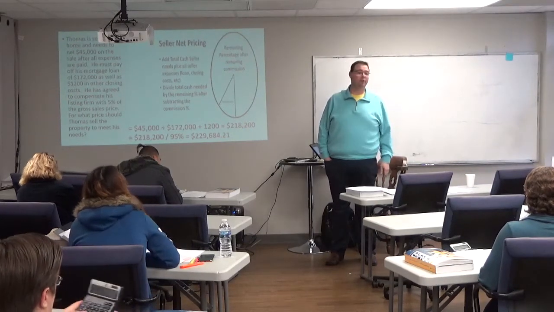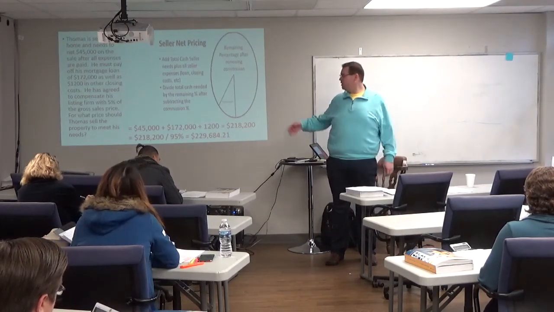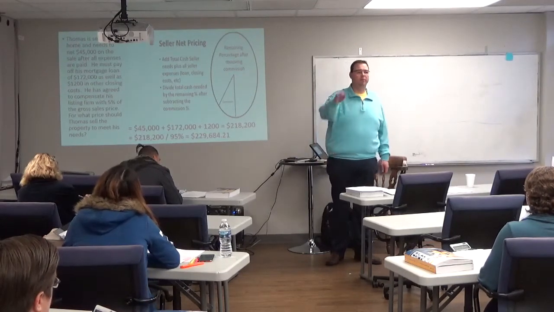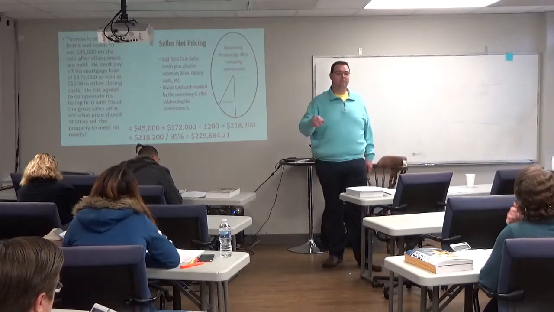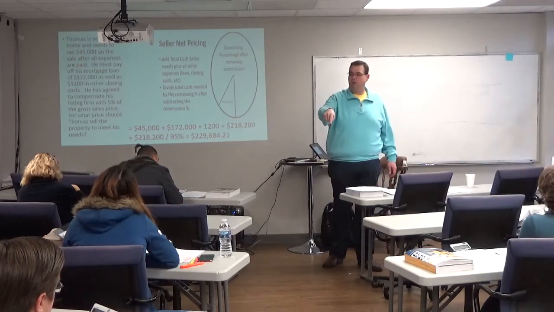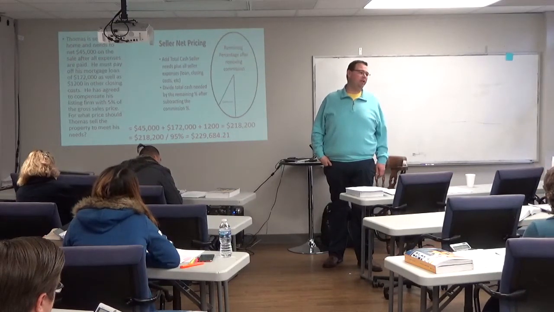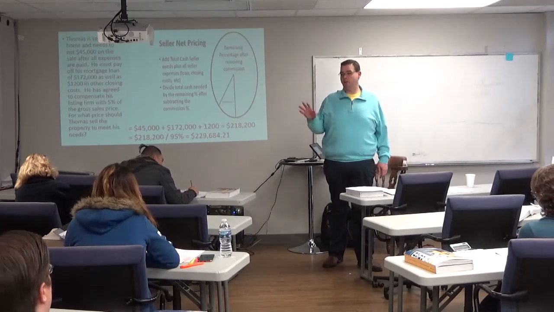I'm pretty sure he's okay with that, because he needs to get at least this amount. So would you say that that's useful in the real world to be able to show a seller, this is what we have to sell your house for? If you told me you need $45,000 and we got to sell your house for this number right here, and no less, would that help them evaluating offers? Yes. Yeah. Everybody good with that?